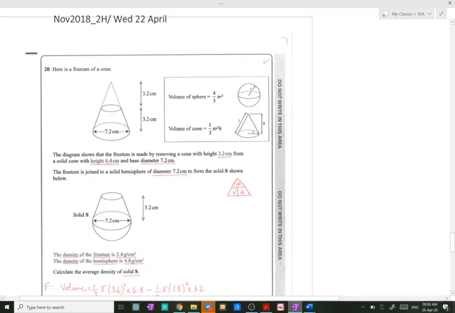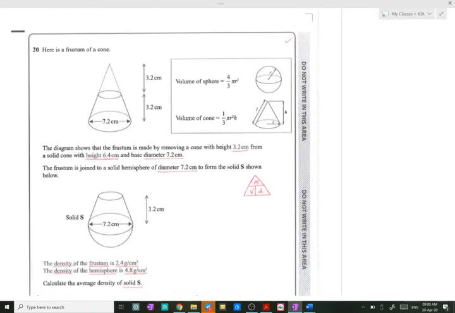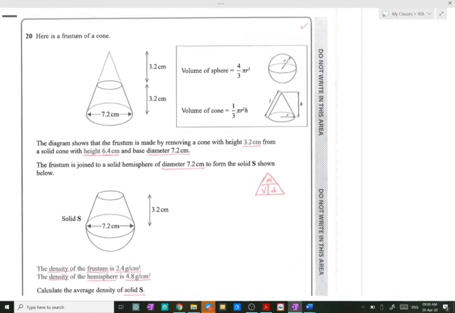Number 20 is taken from the GCSE 9 to 1 past paper, November 2018, 2H. Here is a frustum of a cone.